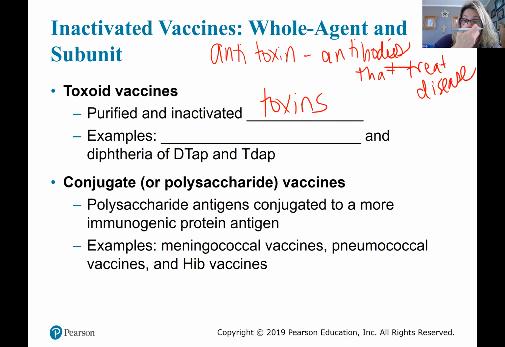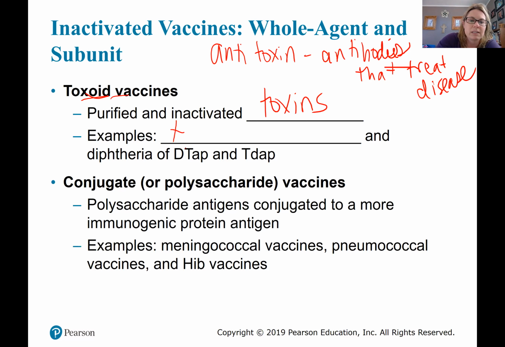Okay, so don't get those confused with the toxin, or I'm sorry, the toxoid. An antitoxin is antibodies that treat the disease of a sick person. A toxoid is going to be the vaccine, the preventative that you would take so you wouldn't get the disease if you happen to be exposed.